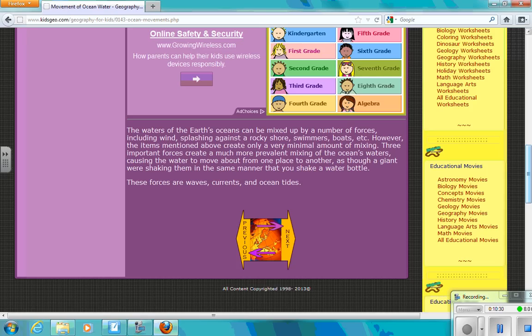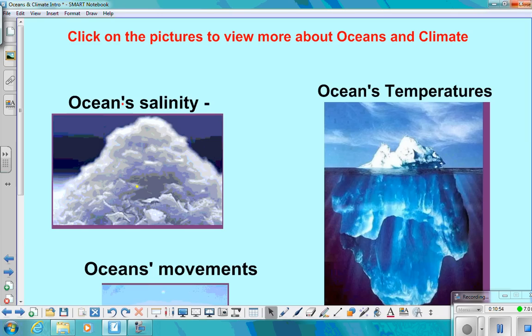However, the items mentioned above create a very minimal amount of mixing. Three important forces create a much more prevalent mixing of the ocean's waters, causing the waters to move about from one place to another, as though a big giant were shaking them in a water bottle. These forces are waves, currents, and tides, and we're going to focus on currents in this unit.